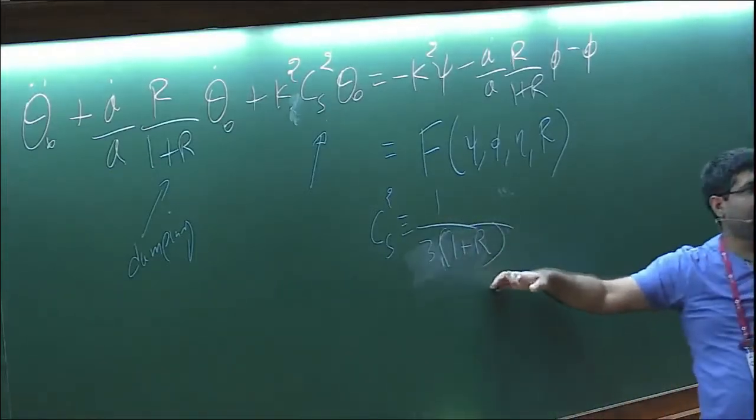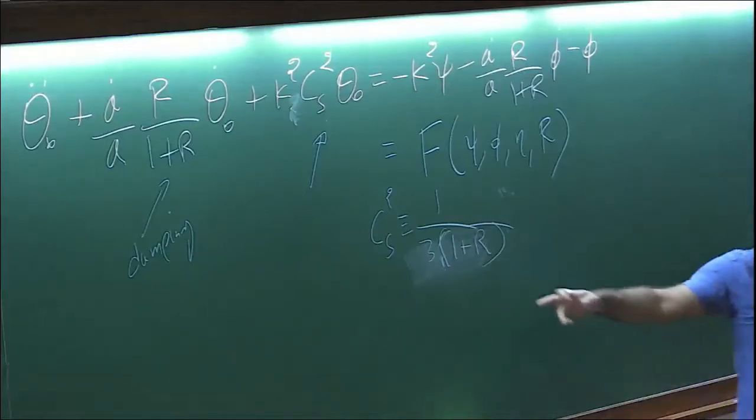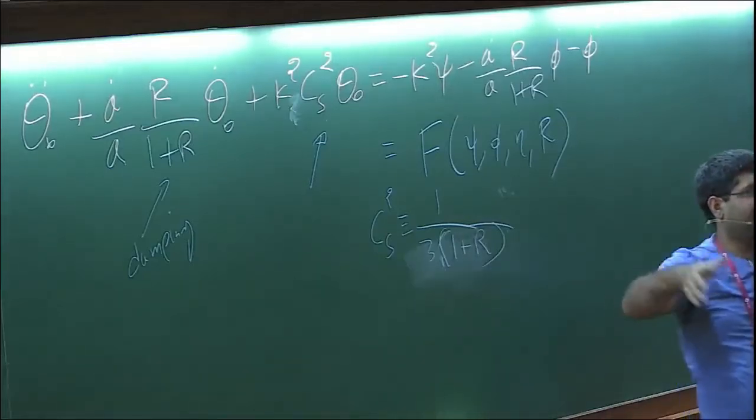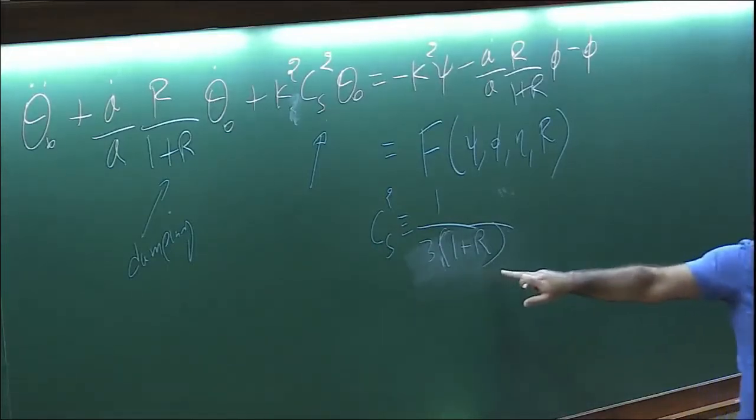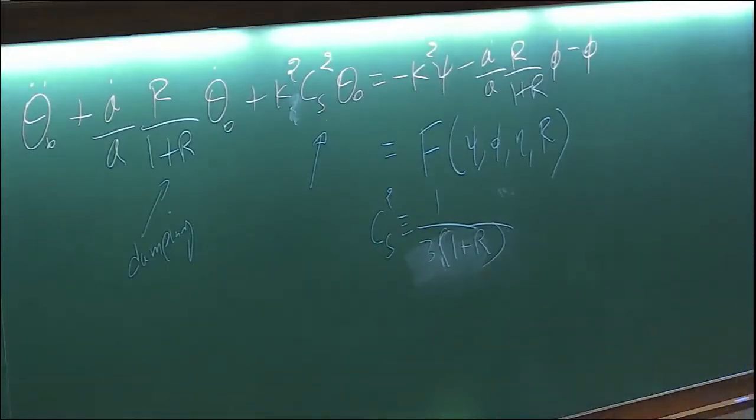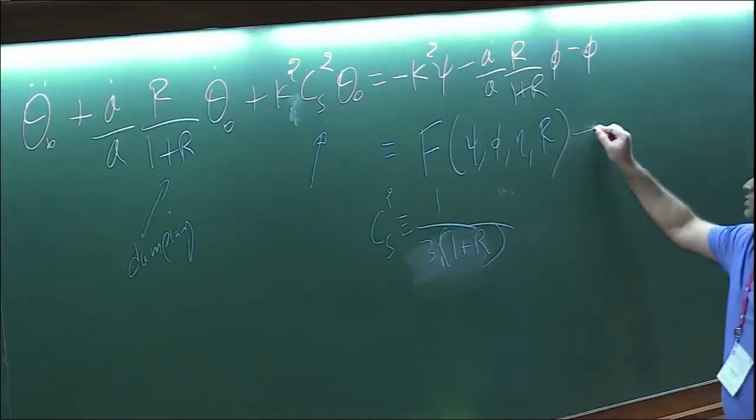When there are no baryons, if you have a pure radiation fluid, the sound speed is 1/3. But the baryons add some mass to the fluid, and decrease the sound speed by a factor of 1 plus r. And this is the force term, or driving term.